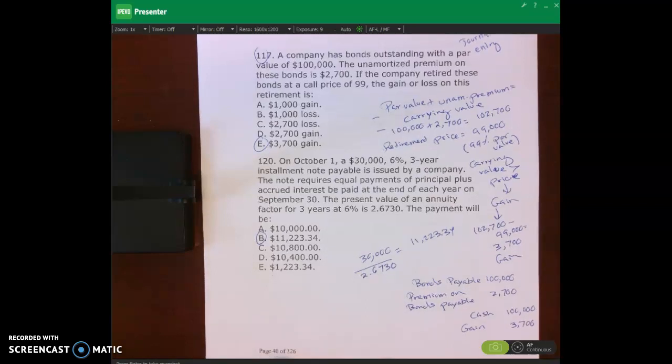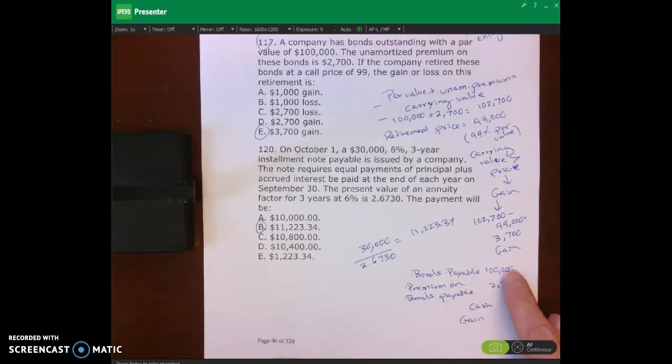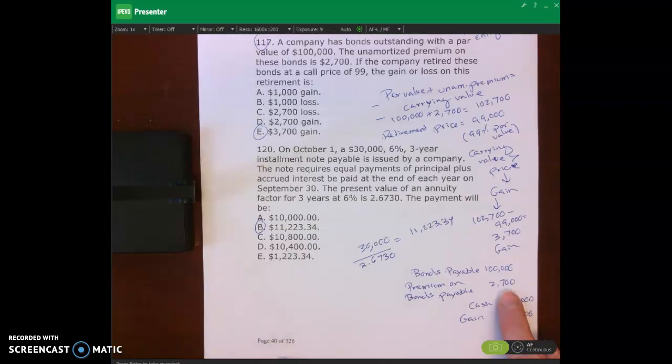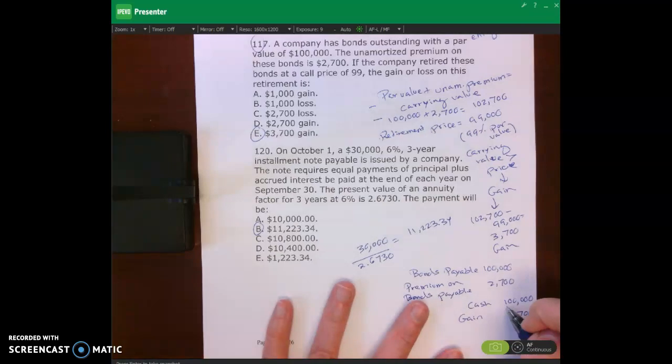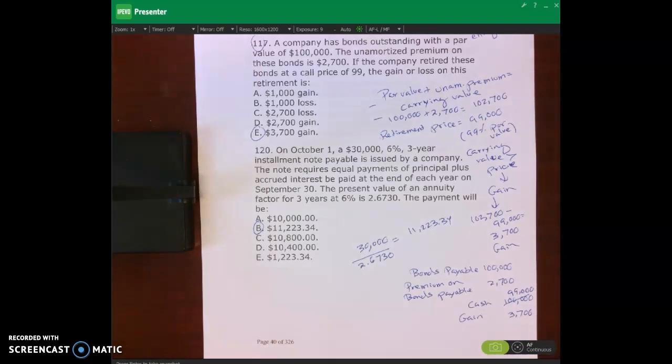What is the full journal entry? Debit bonds payable, debit the outstanding premium on bonds payable, credit to cash for $99,000. Typo there, $99,000, which is the price. Sorry about that.